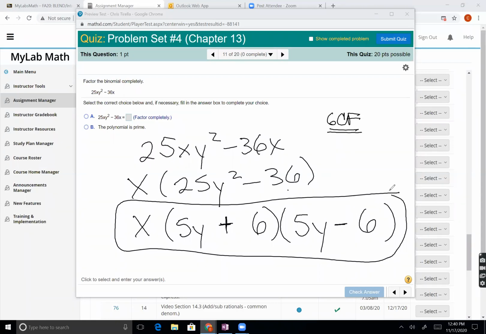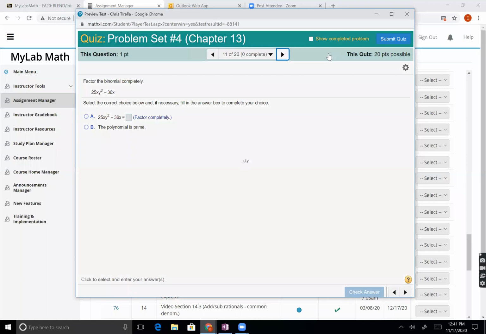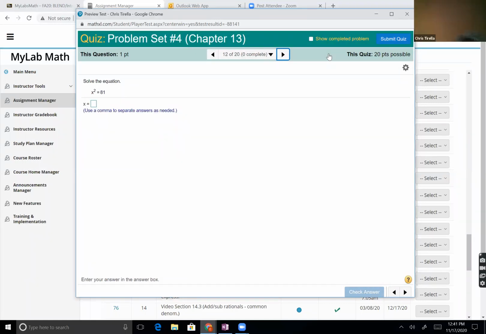Next, to solve the equation, this one is really tricky because we've got x squared equals 81. And some people try to take a shortcut and say, oh, I know what squared gives me 81. It's 9.